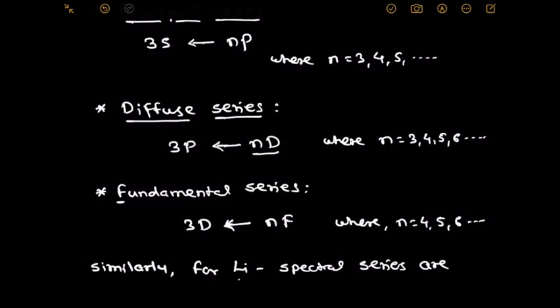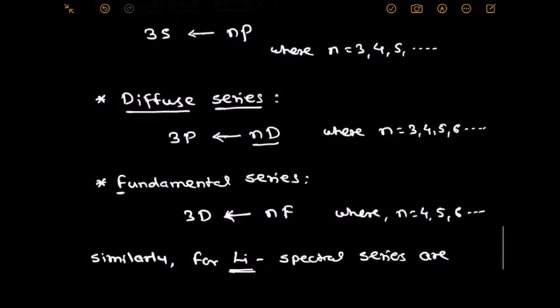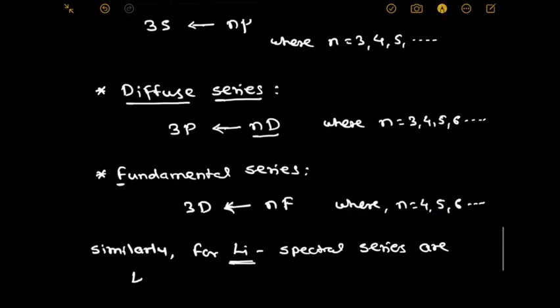Similarly, for another alkali element, lithium, we also show the spectral lines and how they arise. Firstly, we write the configuration for lithium. Since the atomic number of lithium is 3, the configuration is 1s2, 2s1. Hence the configuration is ns1, where n is 2.